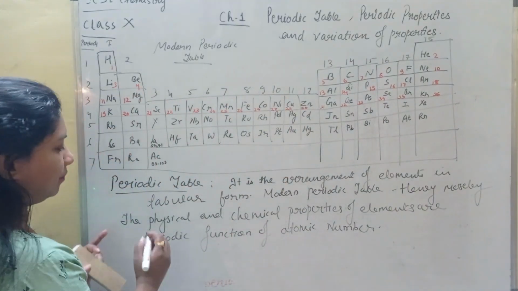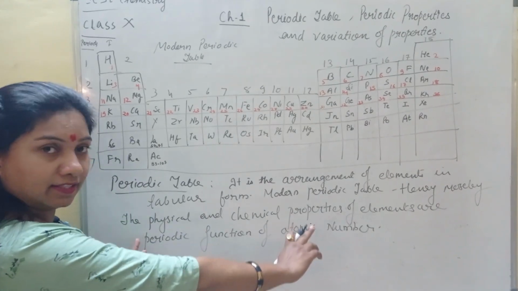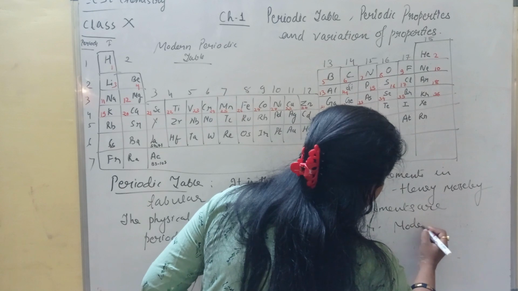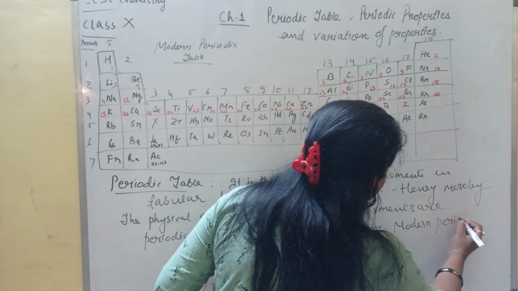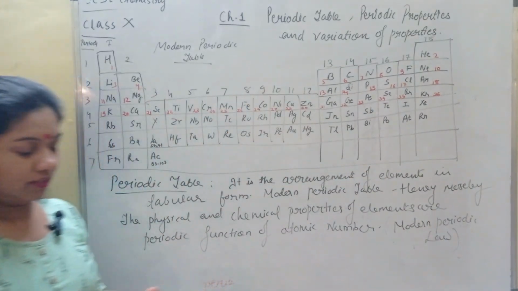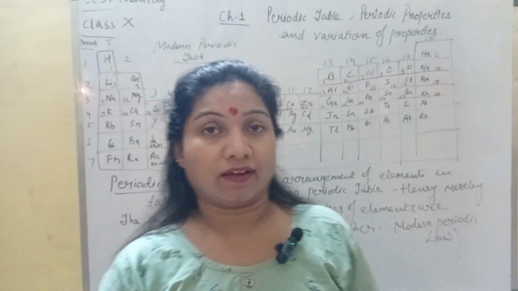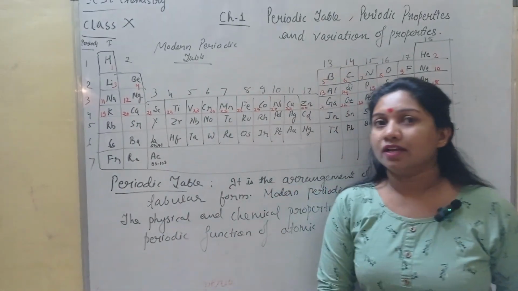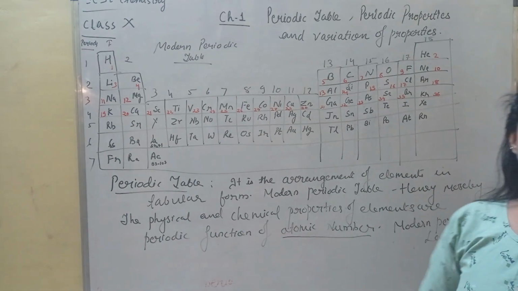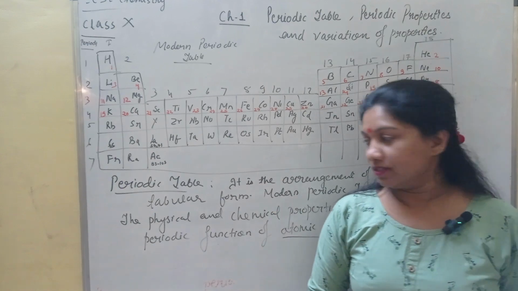So this is the modern periodic law. So what Henry Moseley said, this is the modern periodic law. What we call it? Modern periodic law. So what is written in modern periodic law? That the physical and chemical properties of elements are periodic function of their atomic number. Now here you got a new term, that is atomic number. So now you have to see what an atomic number is, isn't it?